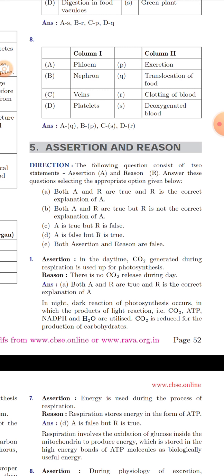So every assertion and reasoning based question will have 4 options: A, B, C and D. How to arrive at A, B, C, D? As a student, first we need to read the statement called assertion. For example, in the daytime, carbon dioxide which is generated during the process of respiration.